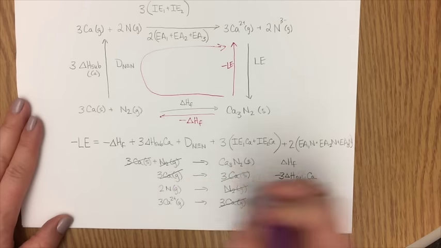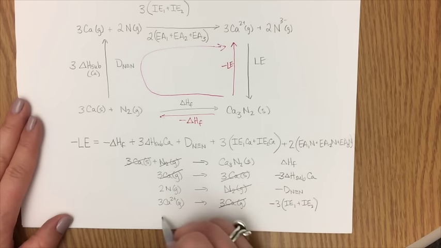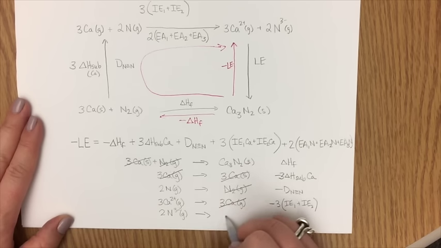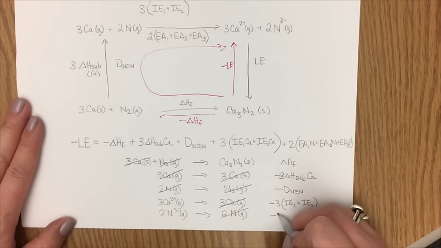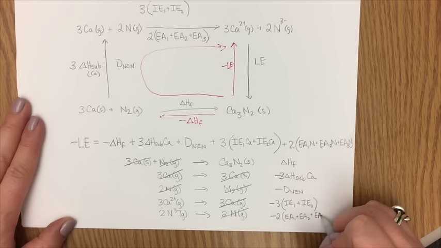So you can continue this way. I'll just finish it out. We'll end up here with 2 N3- gas coming from 2 N gas. How do we do this? This is going to be 2 times the electron affinity 1, 2, and 3.